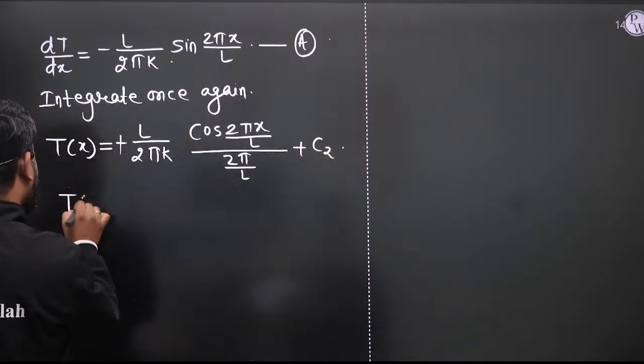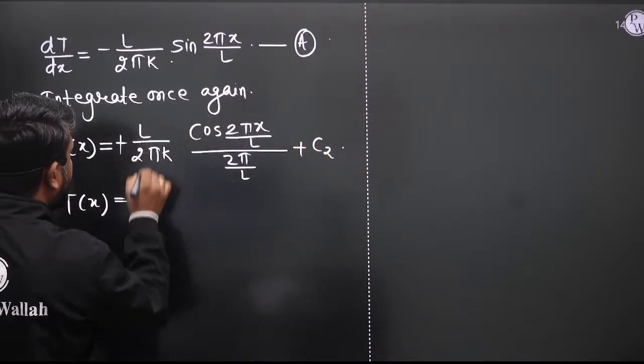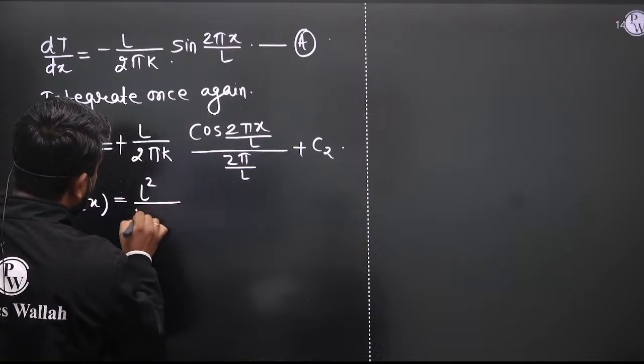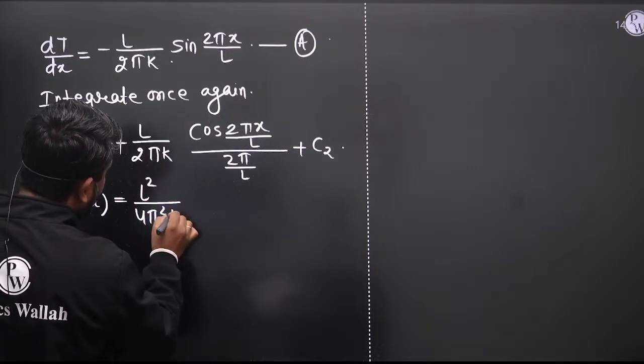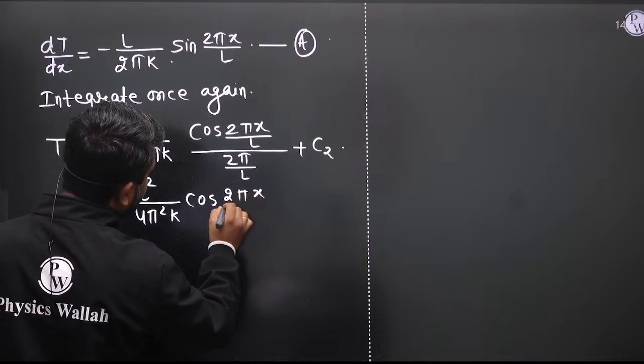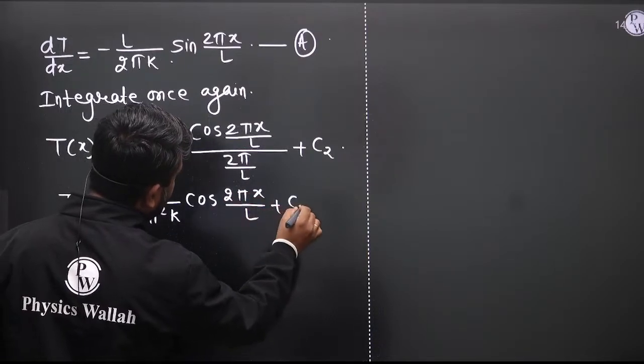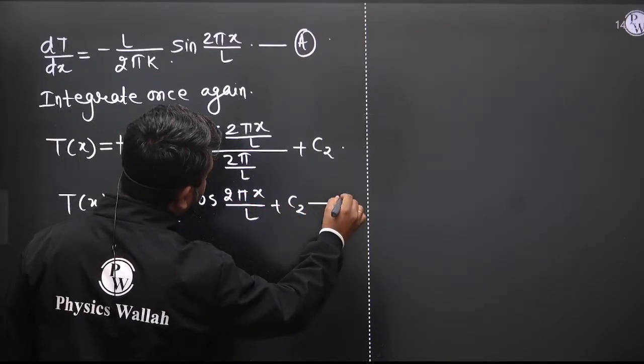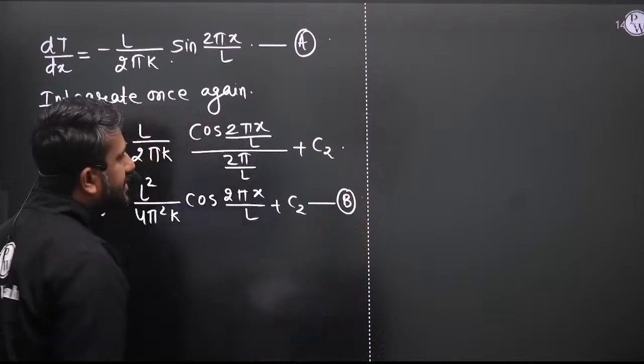So simply we can write T of x is equal to L square upon 4 pi square K times cos 2 pi x by L plus C2. Right. This is the equation number B.